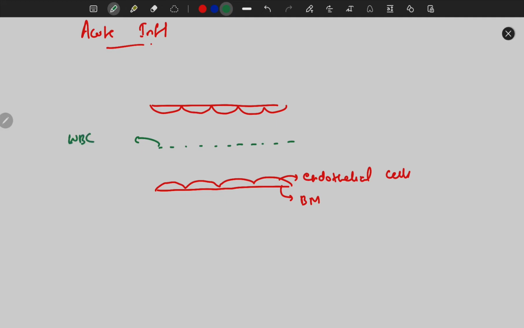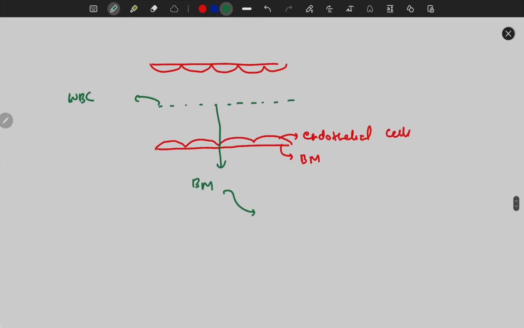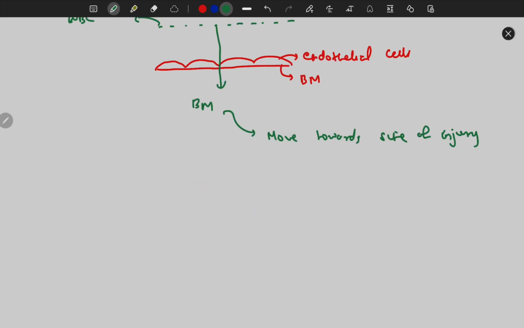In acute inflammation, the leukocyte has to cross the basement membrane. Then only will they move towards the site of injury. After moving towards the site of injury, these WBC will phagocytose, so the microbe will be killed.